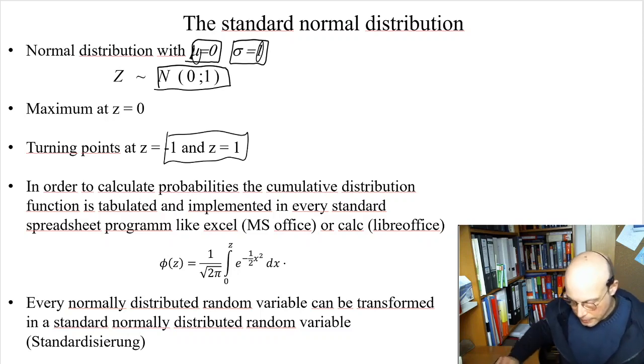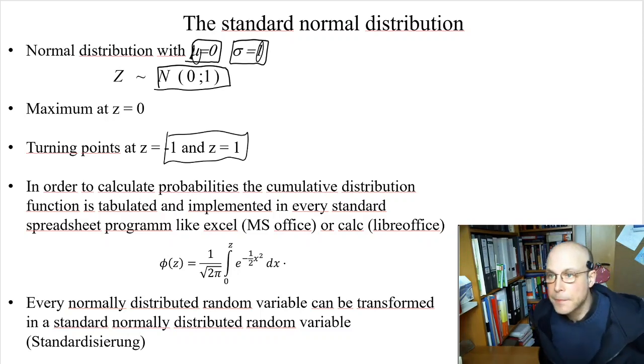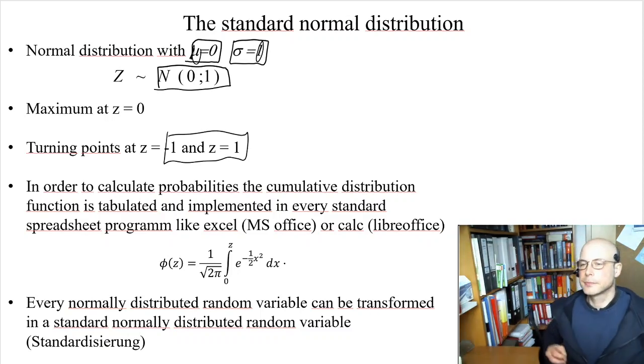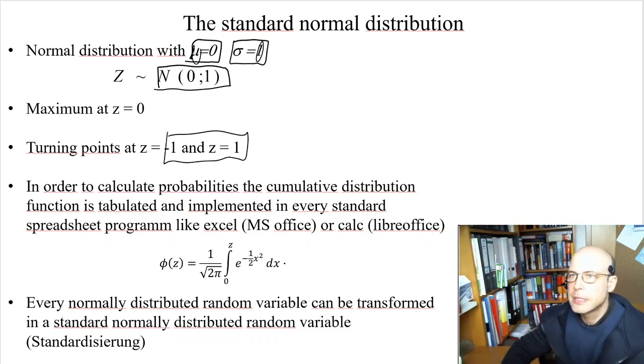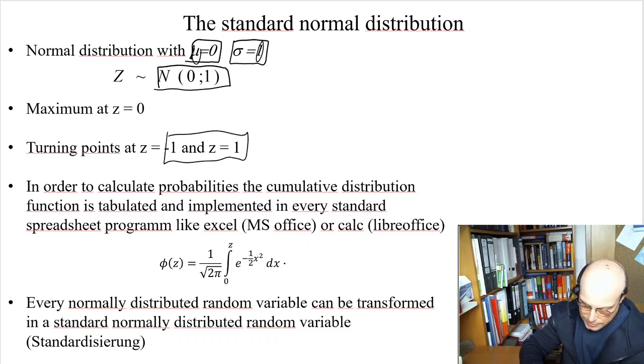And if we put 0 and 1 in our density function, then of course our sigma is just 1. This cancels out, and we do not have sigma and mu again, and we just have e to the power of -1/2 times x squared.